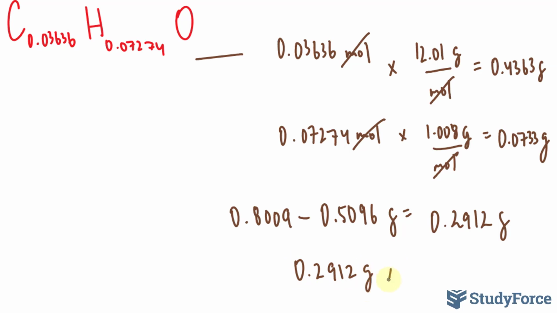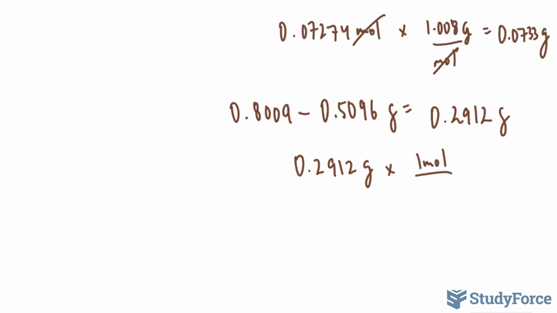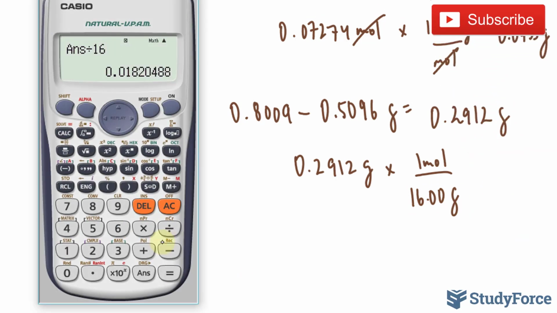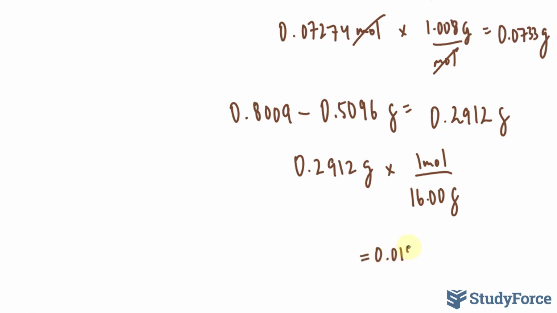0.2912 grams times 1 mole of oxygen over 16.00, and that can be accessed through your periodic table. This number divided by 16 represents the amount of moles, 0.01820 moles of oxygen.